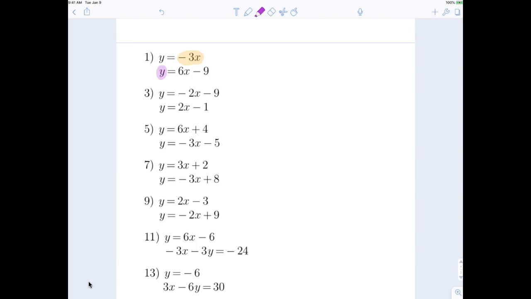The reason they call it substitution is because I'm going to substitute in for that y, I'm going to plug in -3x. So now I have -3x is equal to 6x minus 9. Everybody see that? Any questions?